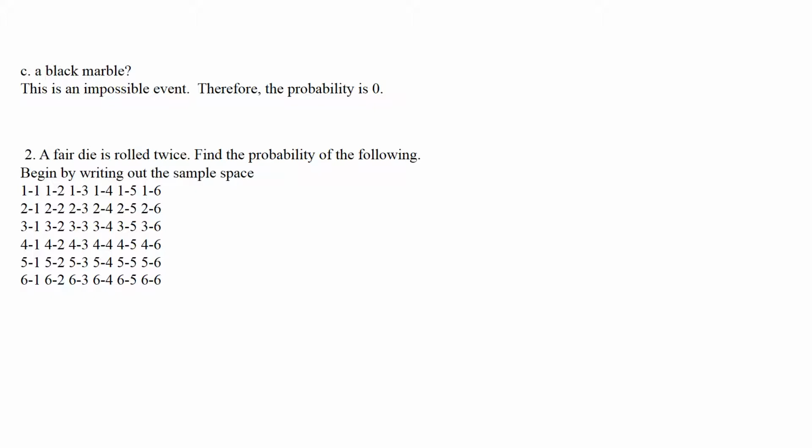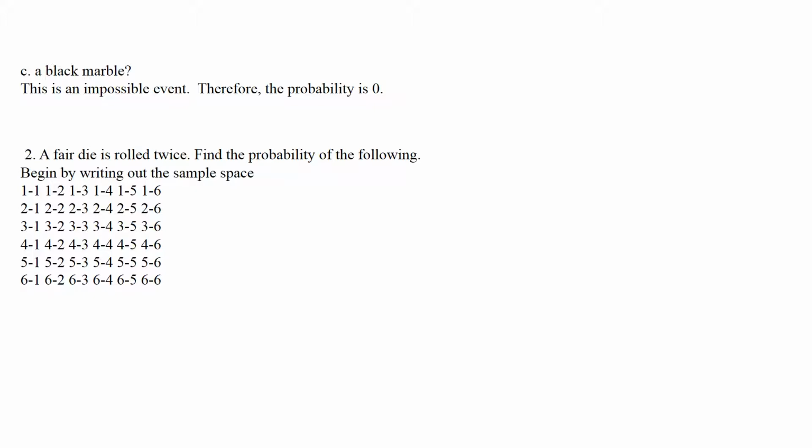You could roll a 1-1, 1-2, 1-3, 1-4, 1-5, 1-6, 2-1, 2-2, 2-3, 2-4, 2-5, 2-6, 3-1, 3-2, 3-3, 3-4, 3-5, 3-6, 4-1, 4-2, 4-3, 4-4, 4-5, 4-6, 5-1, 5-2, 5-3, 5-4, 5-5, 5-6, 6-1, 6-2, 6-3, 6-4, 6-5, 6-6.